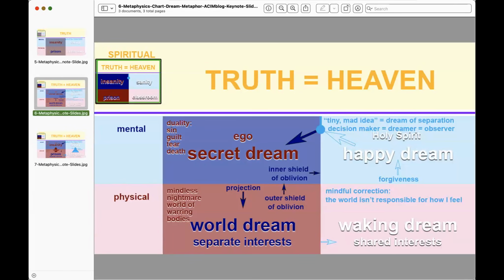Yeah, neat. So the dream operator really is, and again, it's that blue dot, because it's so easy to think that those four rectangles are where everything's happening, but no, it's always in the blue dot. And that's something that Ken Wapnick is so brilliant at pointing out. He says the whole house of cards is just in one tiny little mad idea in that blue dot.